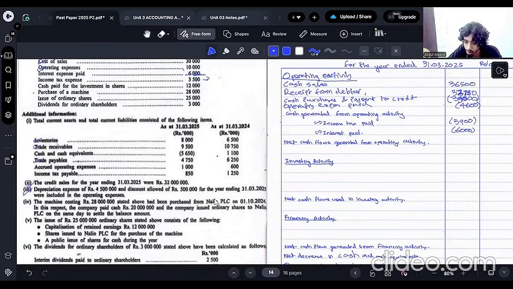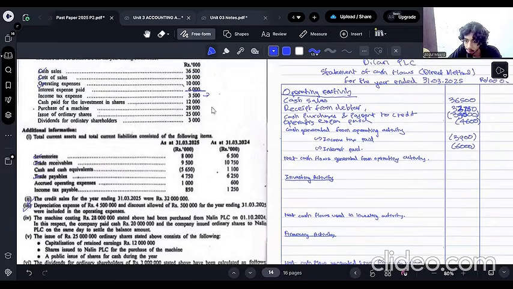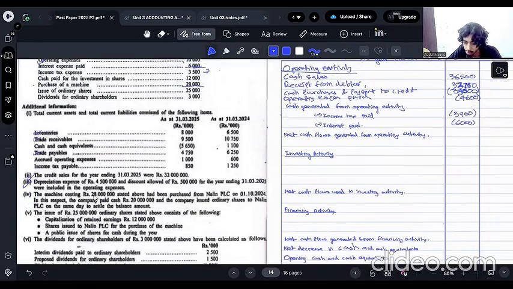This purchase of machine 28,000. So to buy this machine of 28 million, they gave 20,000 cash to Nalin and 8,000 worth ordinary share.